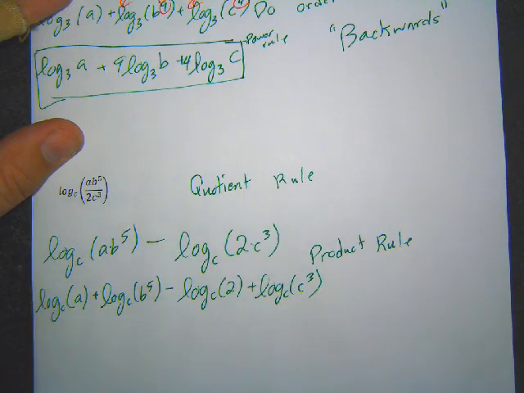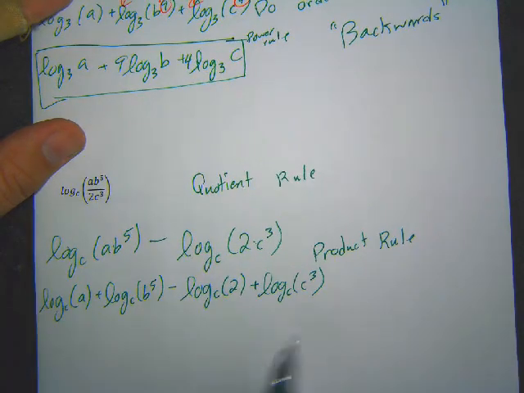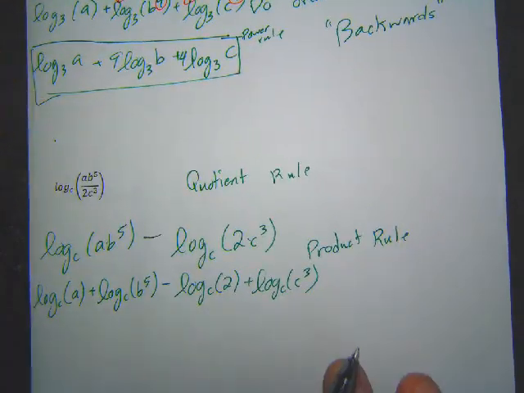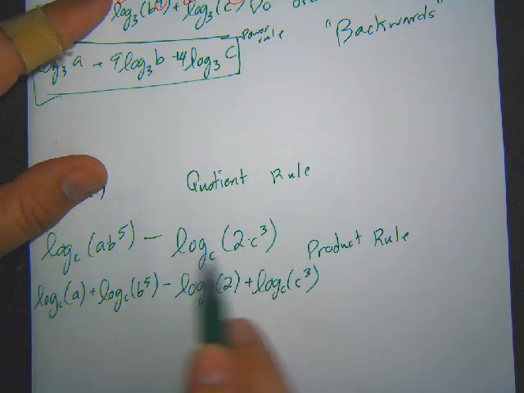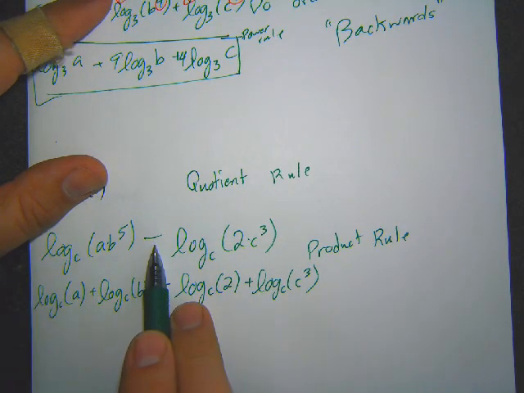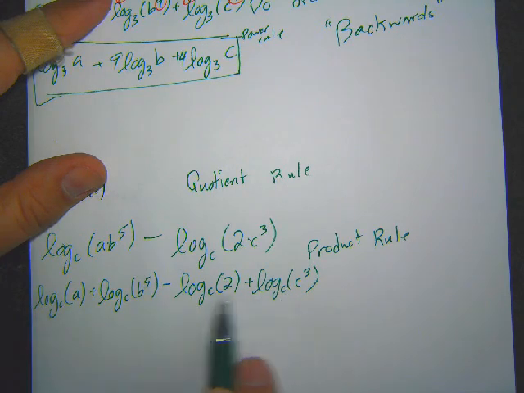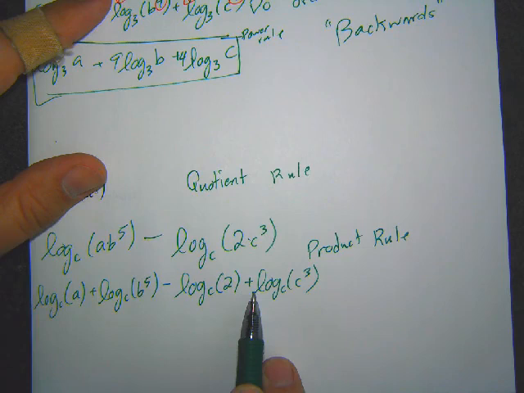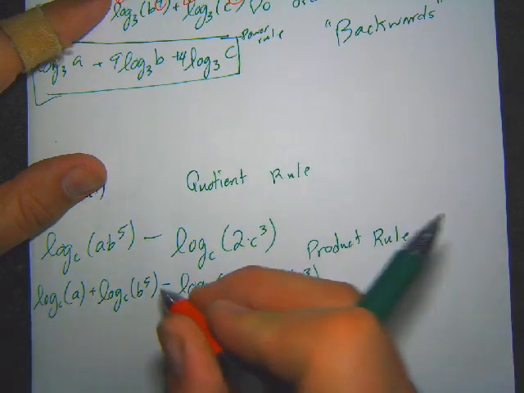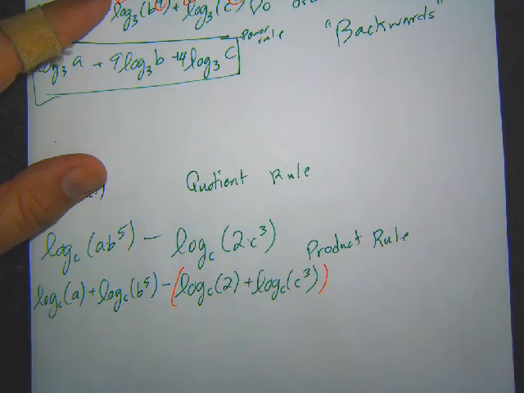Now this is a place where a lot of people make mistakes. If you wrote it just like this, you're doing pretty good, but you actually did make a mistake. Notice that this whole thing is being subtracted. So when I split it into two pieces here, I need to show everybody that both pieces are being subtracted. If you don't do that, you're going to get the wrong answer at the end. So you do need a parenthesis here to make sure everybody knows this subtraction applies to all the stuff here.